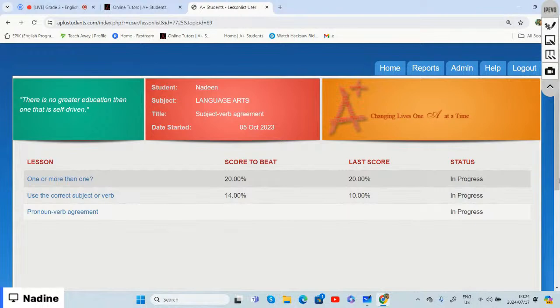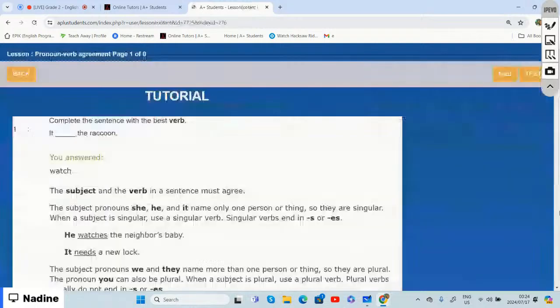All right. So now we're going to pronoun verb agreement because that is our lesson for today. Then it's just walk. Walk, and that refers to when we are talking about more than one person, right?